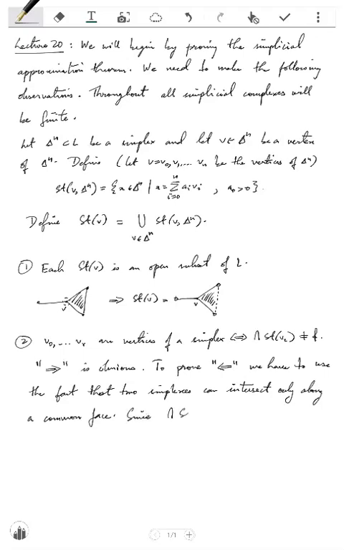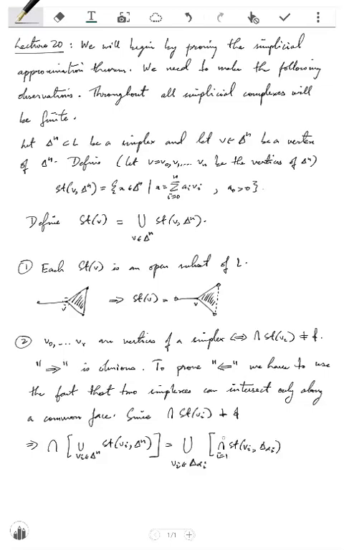Since the intersection of the stars of v_i is not empty, this implies that the intersection of each of these, which is equal to the union over the v_i in some simplex delta alpha i, is non-empty.